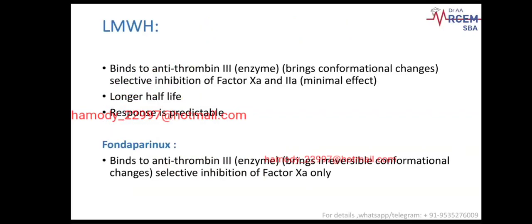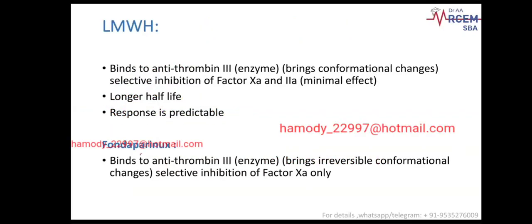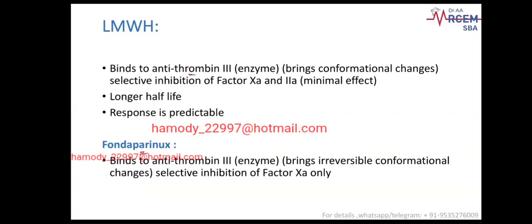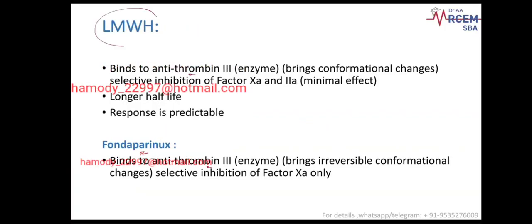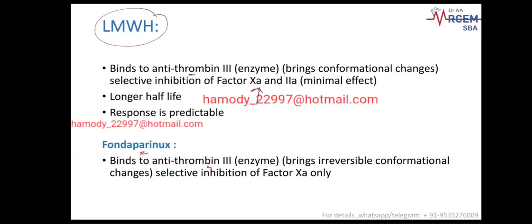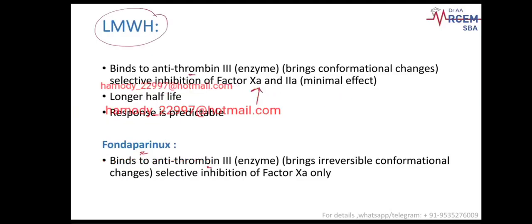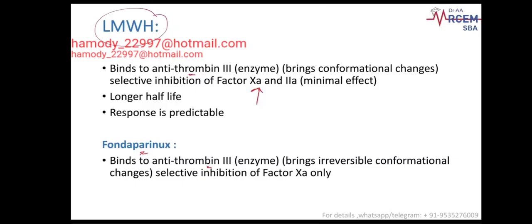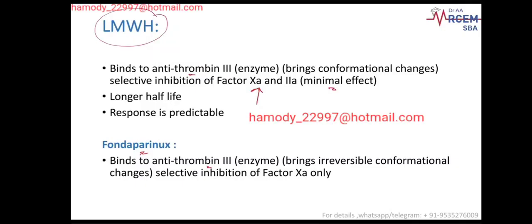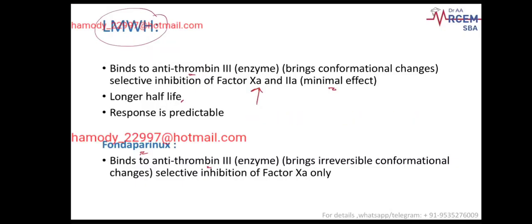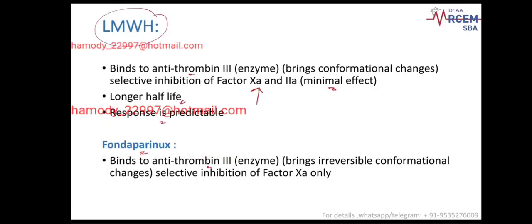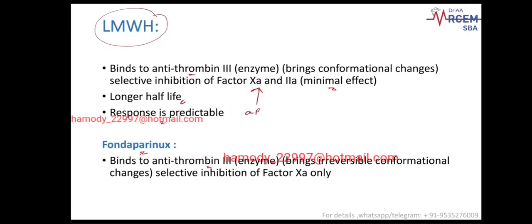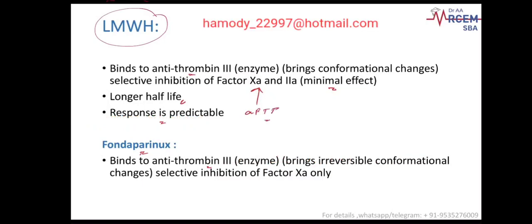Low molecular weight heparin as well as fondaparinux both act through the antithrombin 3 complex. The additional activity that low molecular weight heparin has is that it selectively inhibits activated factor 10, and has a minimal effect on factor 2. The advantage is it has a longer half-life compared to heparin, and the response is quite predictable, so it does not require continuous APTT monitoring.